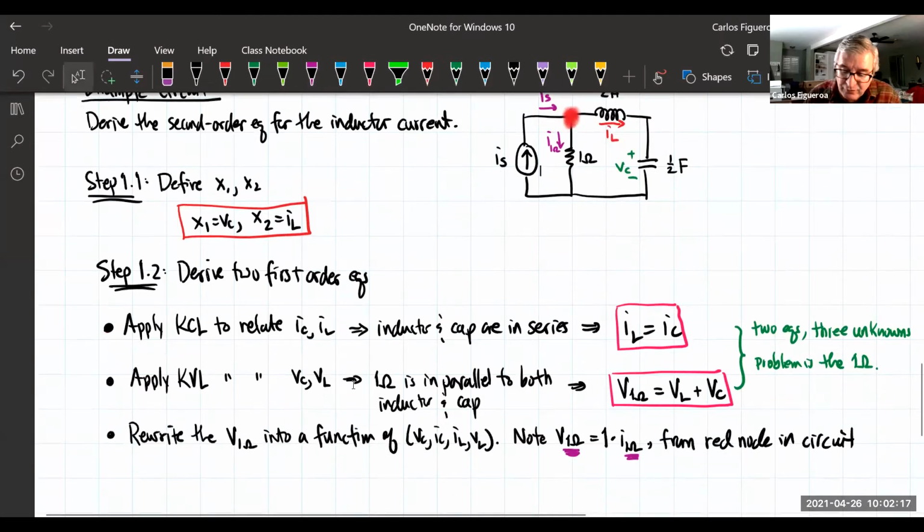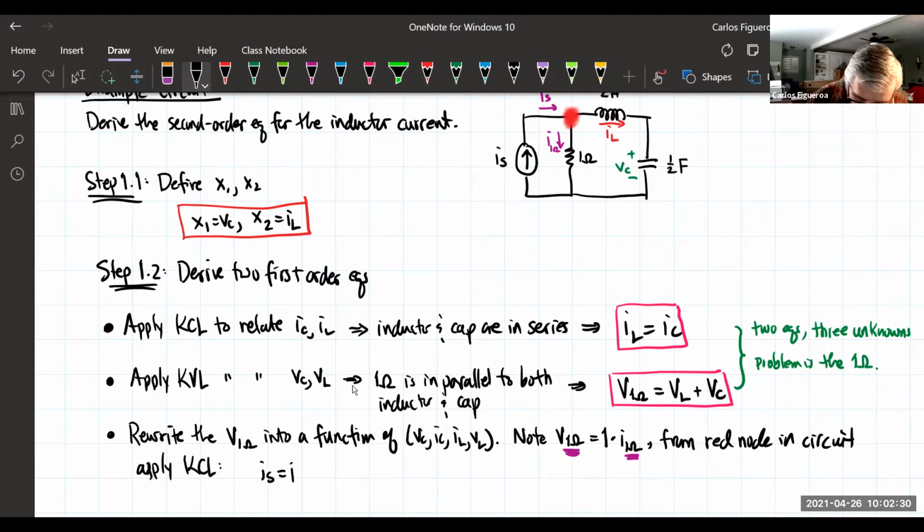If I apply KCL from the red node in the circuit, then I get that I source is I1 ohm plus IL, which says that I can rewrite the 1 ohm resistor current as I source minus IL.